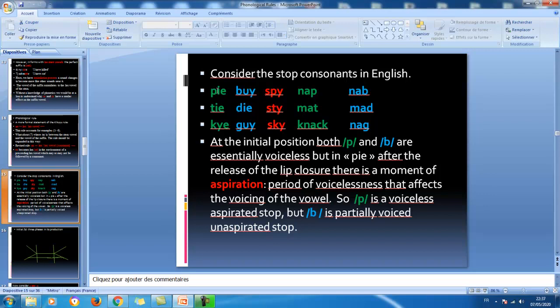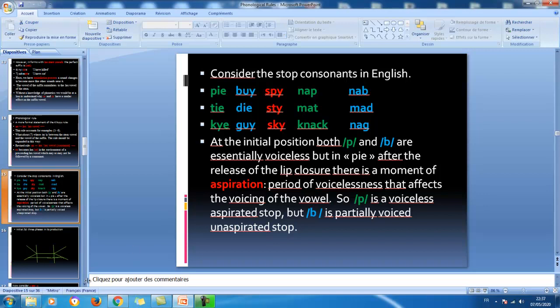Here the period of voicelessness goes throughout, till phase 3. And in this way, because it is aspirated, it is going to make the vowel after it, this one I, devoiced, voiceless. But in bye, the vowel is going to be voiced, because at the end of B we begin voicing earlier, before we begin the production of the vowel.